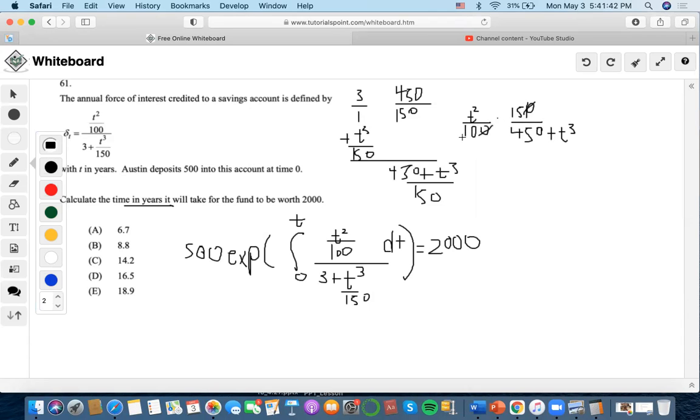We're also going to plug in 5, so 2, 5, 3. Now we're going to combine, so it becomes 3 T squared over 900 plus 2 T cubed.